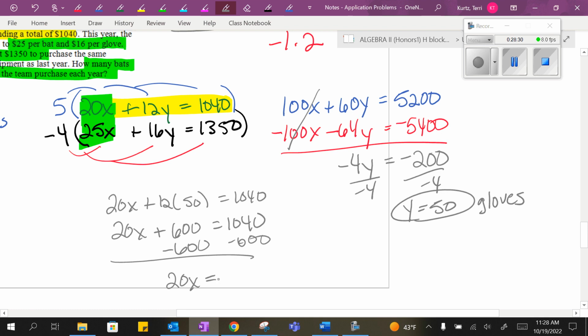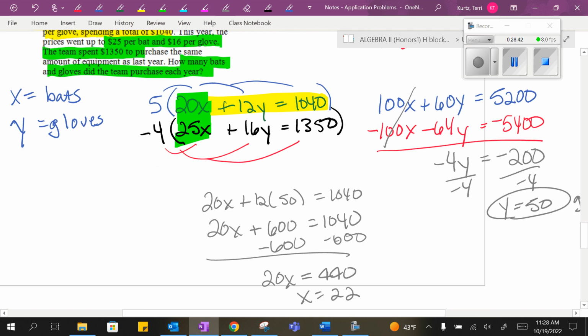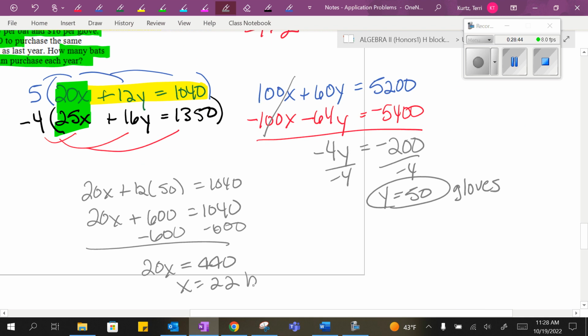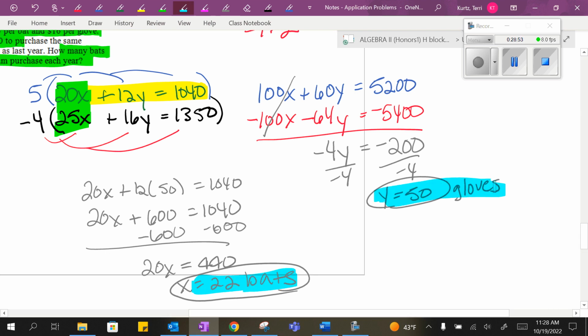I get 20x equals 440. Divide by 20, and I get x equals 22. So we bought 22 bats and 50 gloves. Each year, they just cost a little bit different amount of money for inflation.